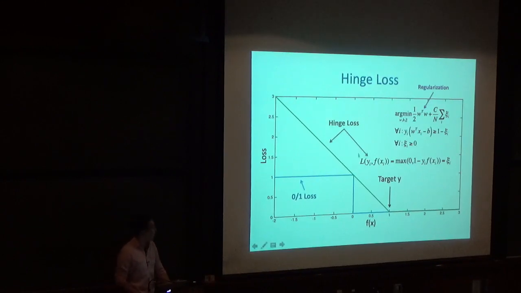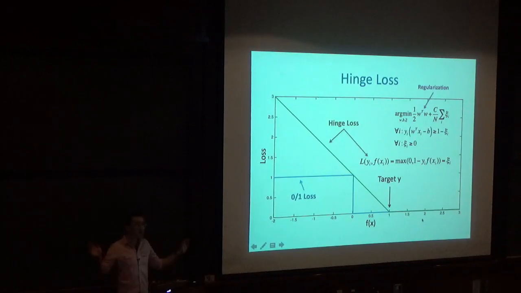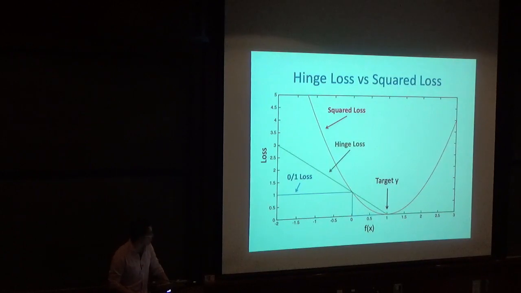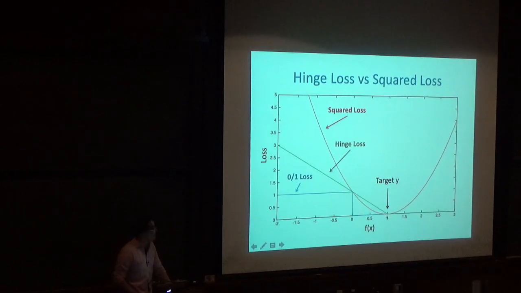But on the other side, if you're making a really good prediction, well, that's great. You're really confident this label is positive. But we're going to make it flat over there. If you think about it compared to squared loss, if we care about classification, we don't really care if the score is 1 or 3 as long as it's positive.